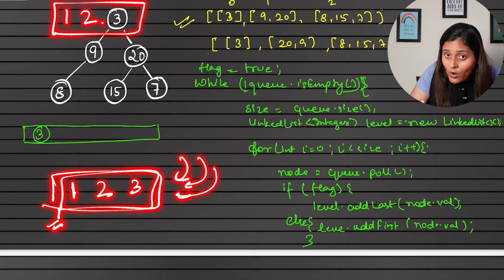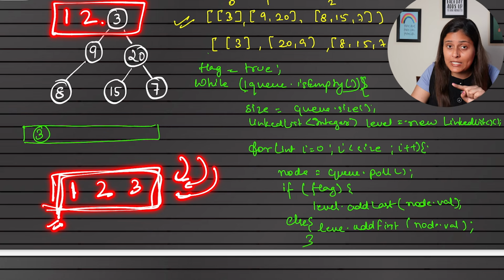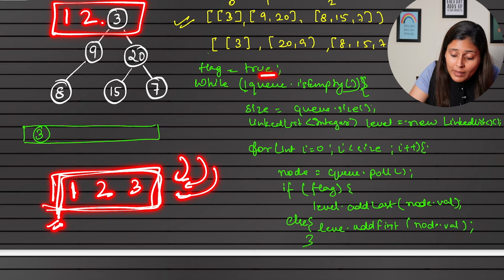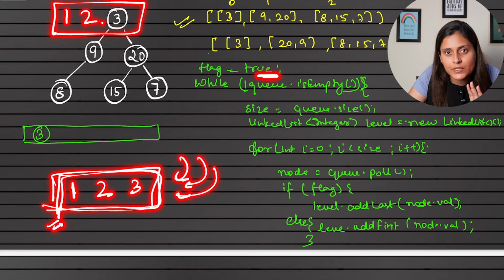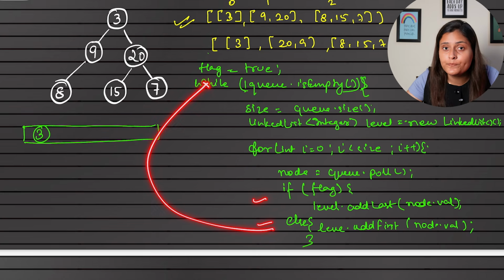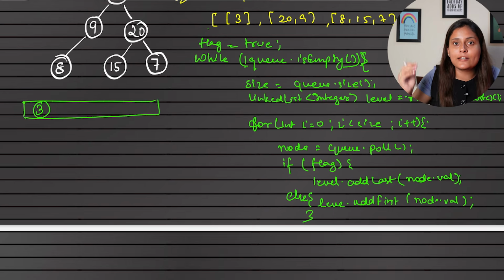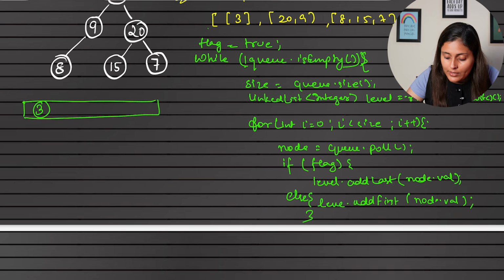Now once this level is completed, can I say I will mark my flag to false, correct? Yes, I will mark my flag to false. But before that, once the node has been added, can I say it's time for their children to go in the queue? Yes, so that in the next level their children need to be entered, correct?